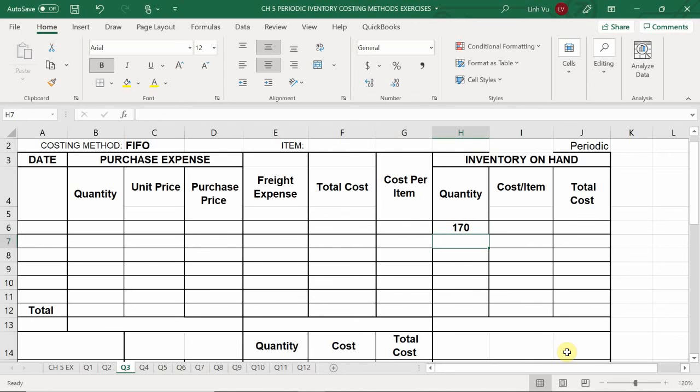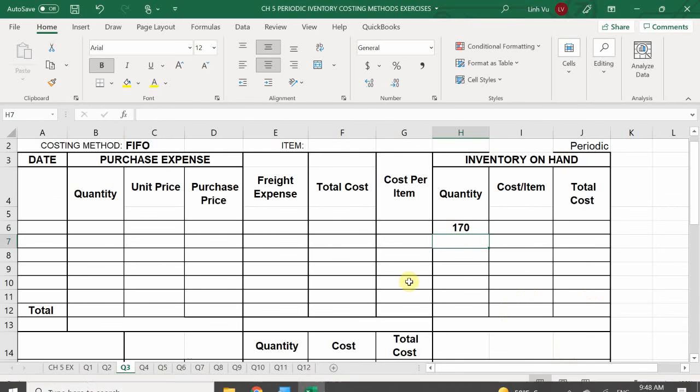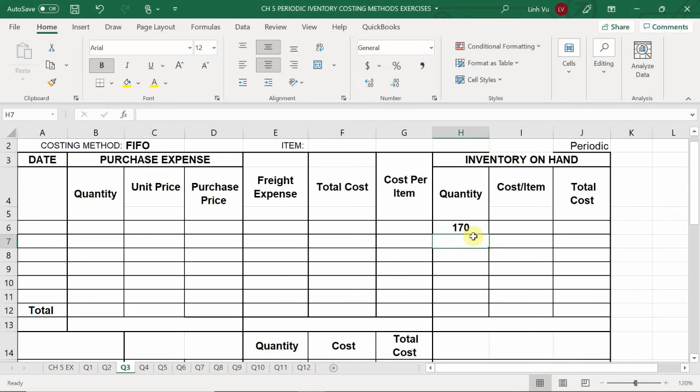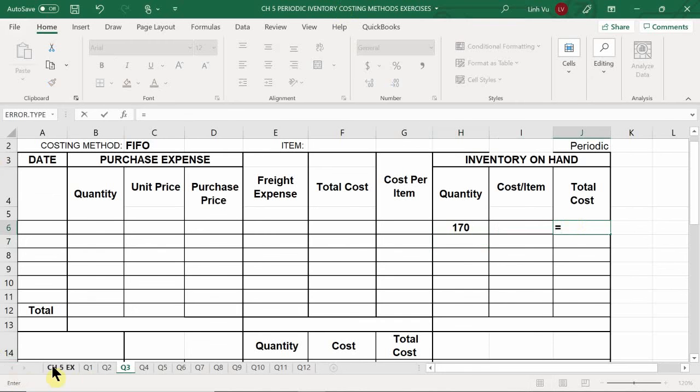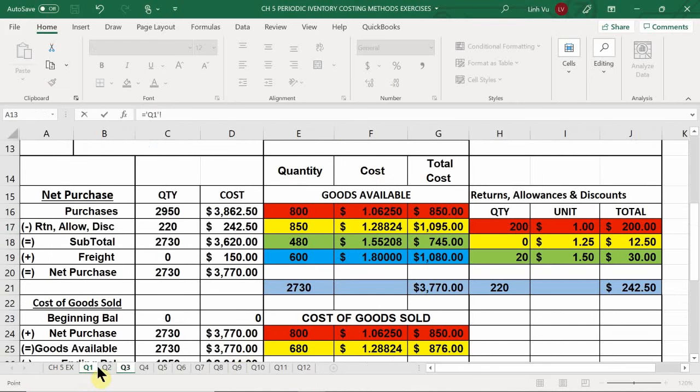Okay, so therefore I should have a total of 170 items left in my yellow batch. Of course, with that being said, we also have to figure out what my total amount left was. So I'm going to go back into my worksheet to figure out what my numbers were.